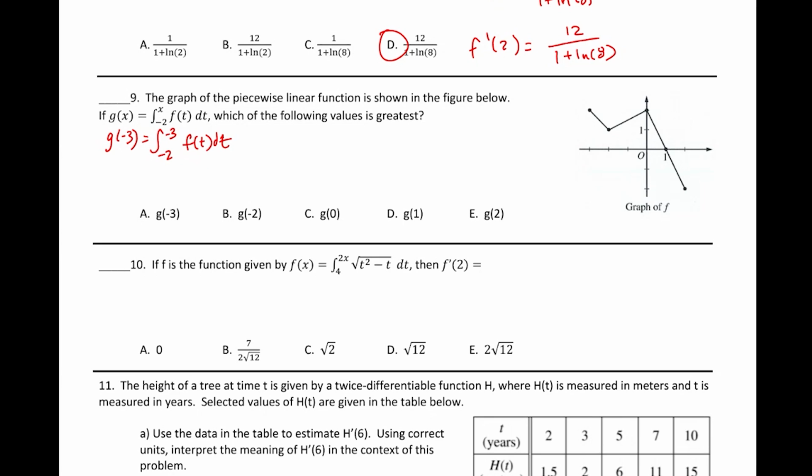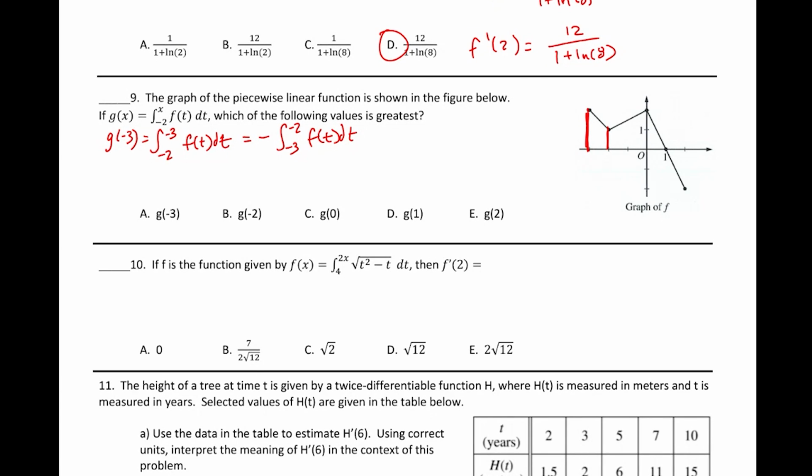So here we're really just looking for the area under the curve from negative 2 to negative 3. Now those boundaries are backwards, so just to be careful, this is the opposite of the integral from negative 3 to negative 2 of f of t. So let's find that area.